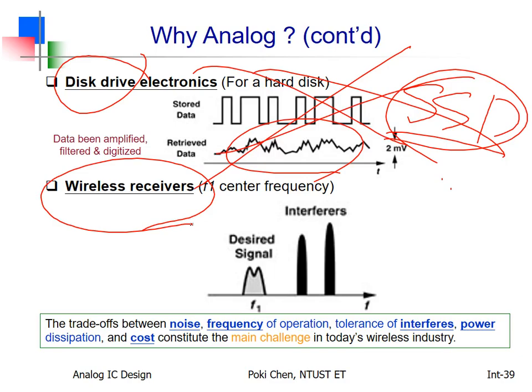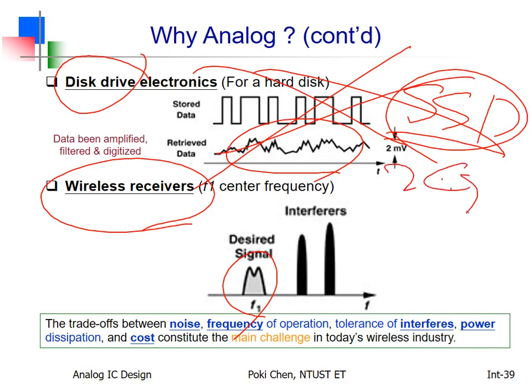So for such kind of wireless receiver, this is the band for you. Oh, this is mobile phone. In the past, we call it GSM or something. Oh, I forgot the communication standard. Anyway, never mind.